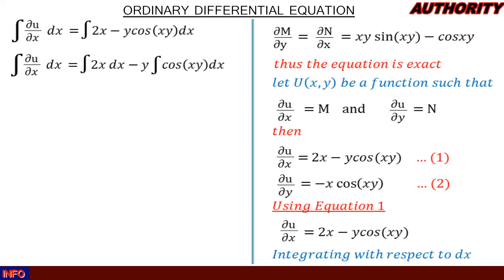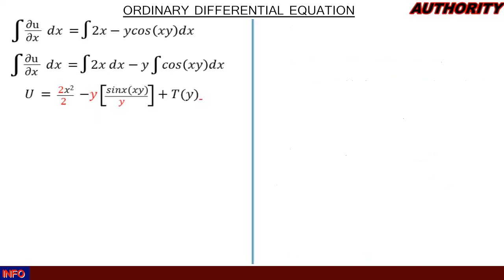Now when we integrate the left hand side, it's going to just strip off the derivative and give us our u. And then in the right hand side, when we integrate 2x with respect to x, it is going to give us 2x squared all over 2. Then 2 cancels 2, we have x squared. Okay, then we have minus y.